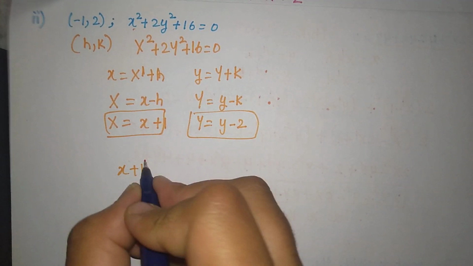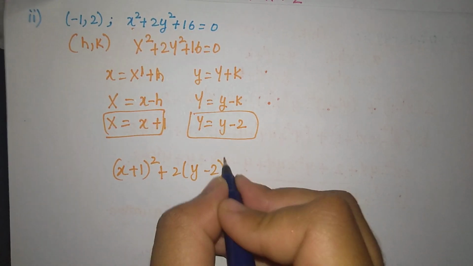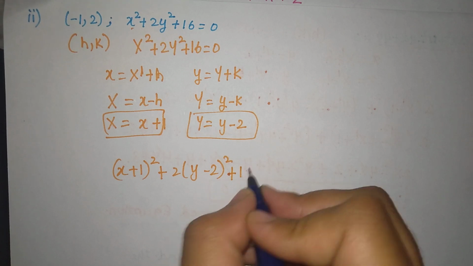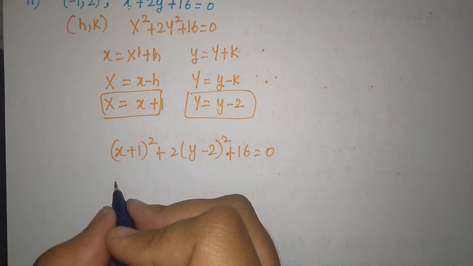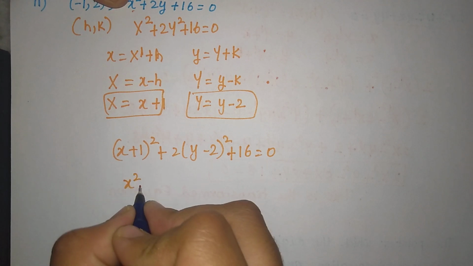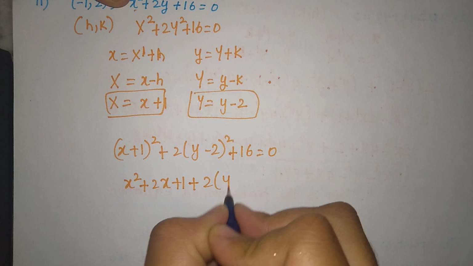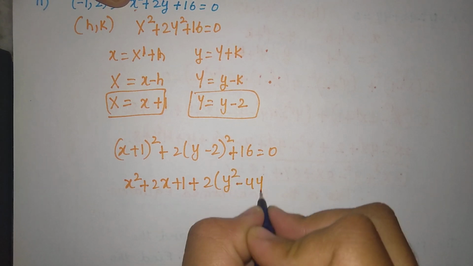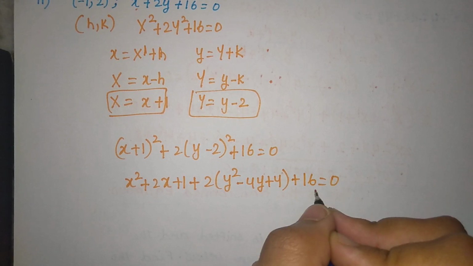So small x plus 1 whole square plus 2 into small y minus 2 whole square plus 16 is equal to 0. Just solving. x square plus 2x plus 1 plus 2 into y square minus 4y plus 4 plus 16 is equal to 0.